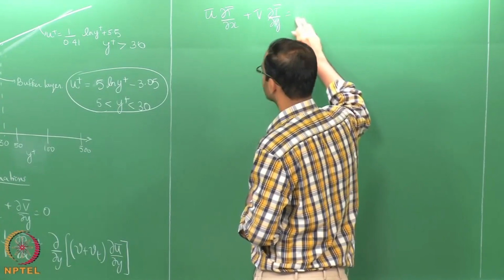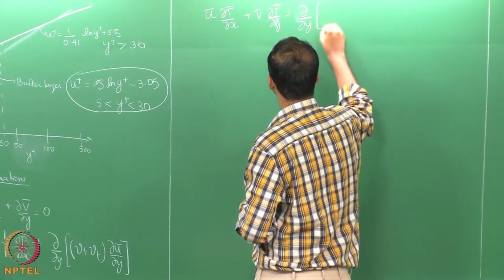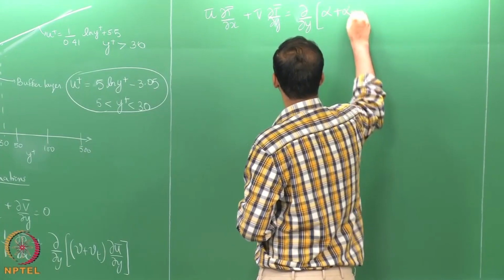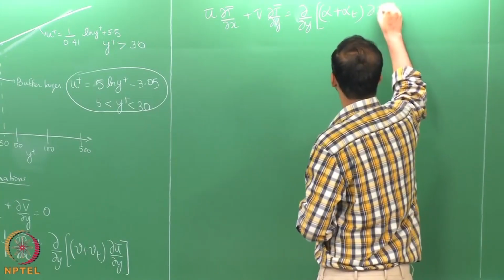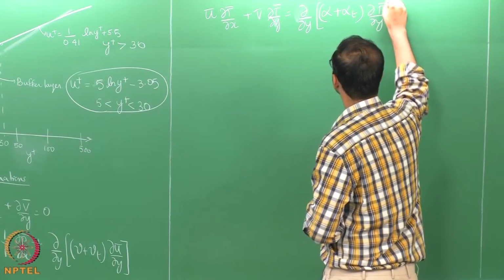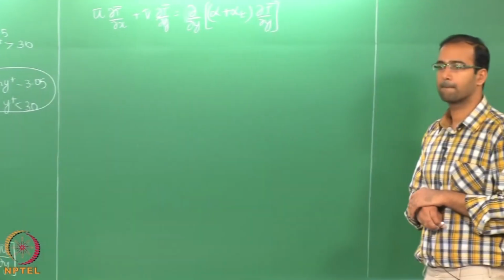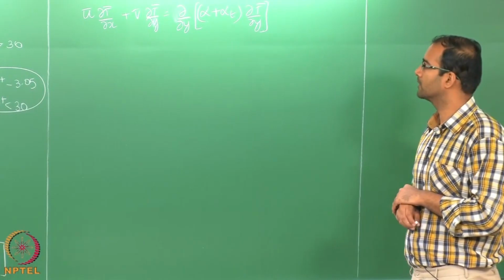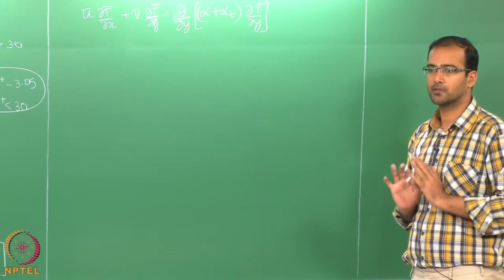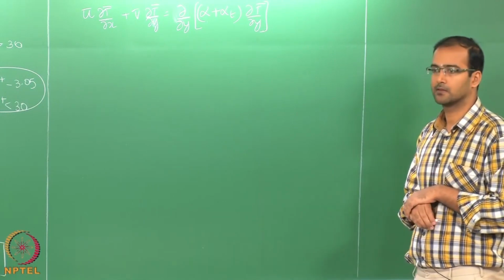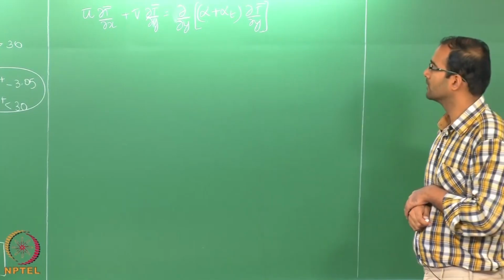Now, when we are using here, we have to be again careful, d by dy of alpha plus alpha t into dT bar by dy, right. So, we have the dominant diffusion, both momentum and thermal diffusion, happening in the vertical direction, that is where the boundary layer is varying.